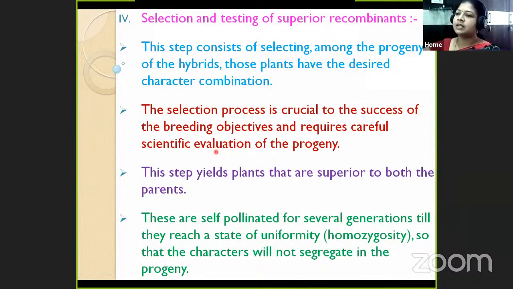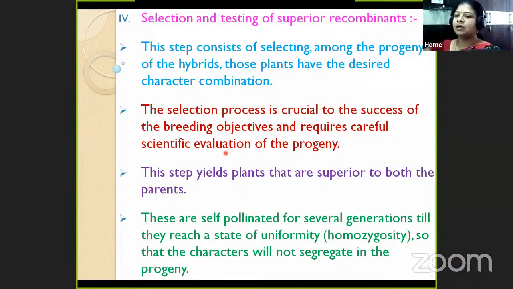That is found out with the help of scientific evaluation. Scientific evaluation is conducted with the help of a standard variety of that particular crop. Suppose this breeding process is conducted in a wheat variety, for example, wheat, Triticum aestivum.